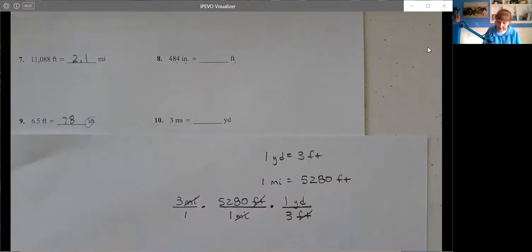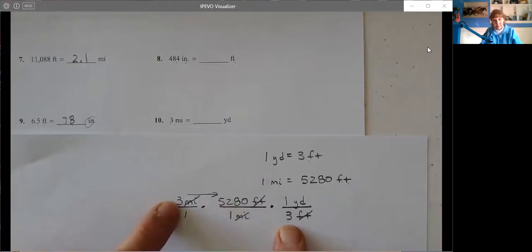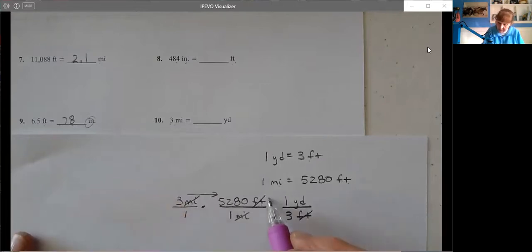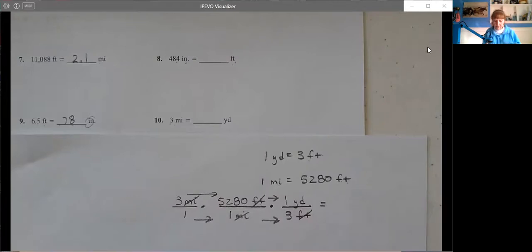Here you can multiply across. Some of you might realize that those are going to cancel. If not, you can go ahead and multiply across, and then divide your answer out.